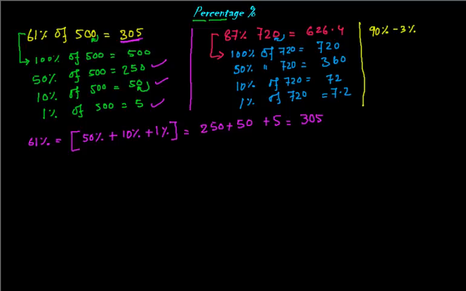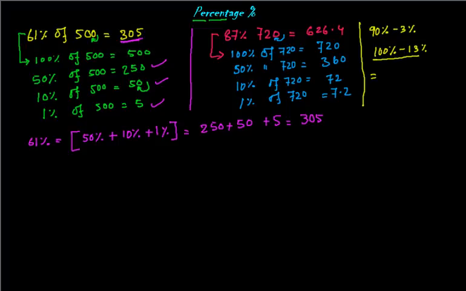Or I can write it as 80% plus 7%. 80% you can divide into 50% and 3 times 10%, and then add 7 times 1% of it. But I'm going to use 100% minus 13%.